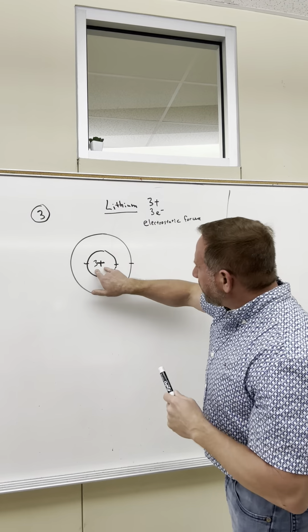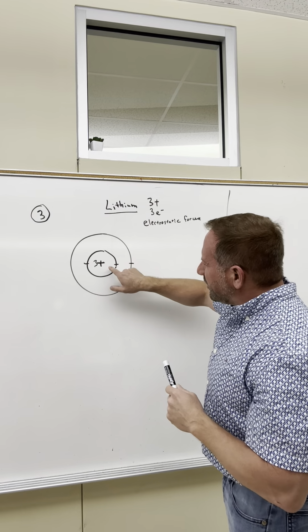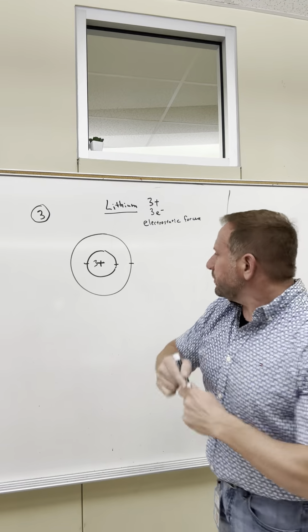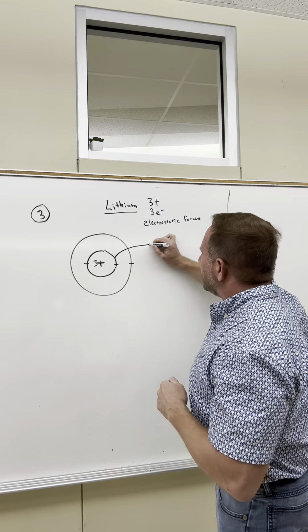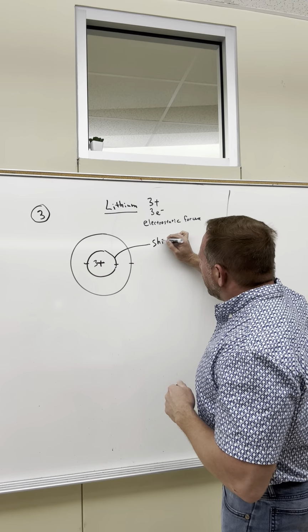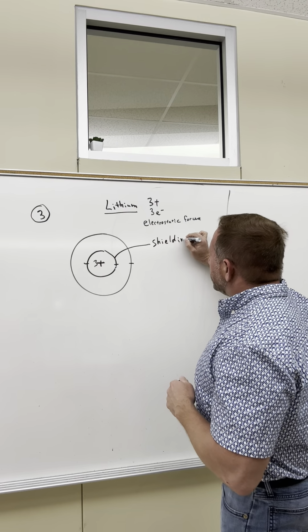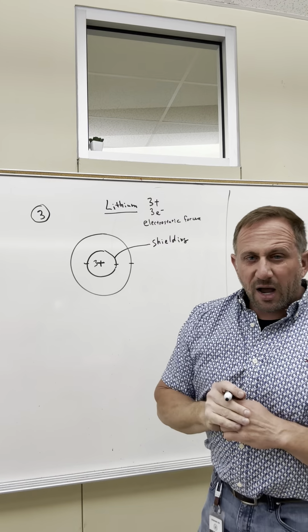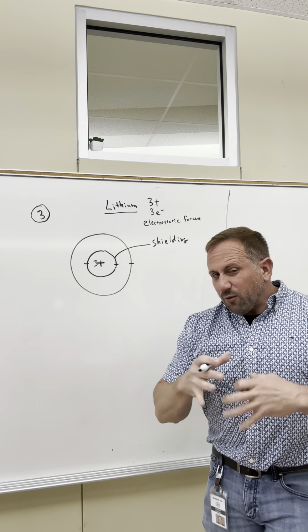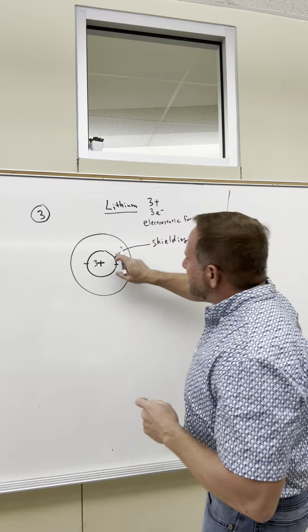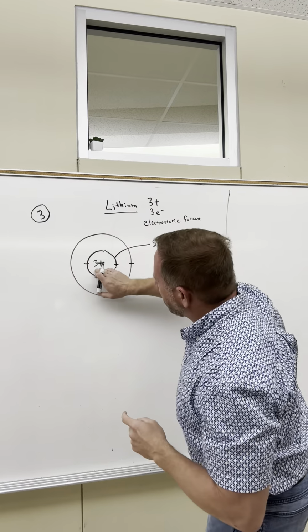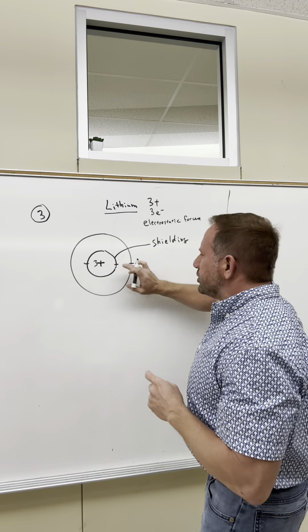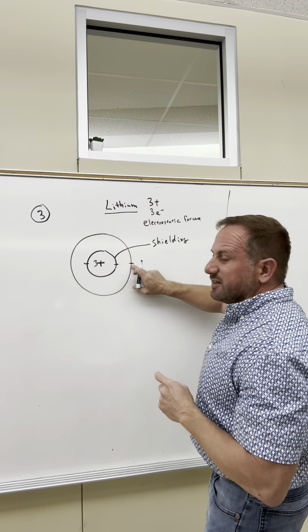However, these first 2 electrons in this first energy level are going to provide what we call shielding. What that means is that these negative charges are going to take away some of the positive attractive charges between this positive and this negative.